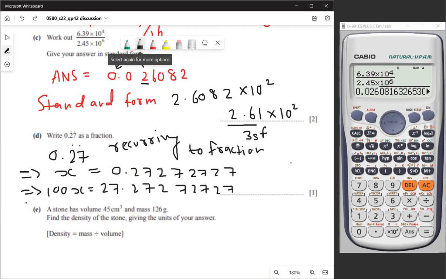If I subtract these, you'll get 100x minus x, and 100x minus x is going to be 99x. Yes? We'll get 99x is equal to, and let's move this downwards.